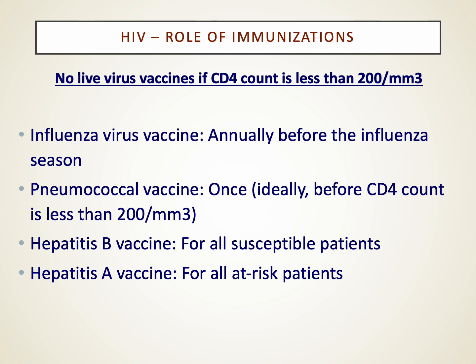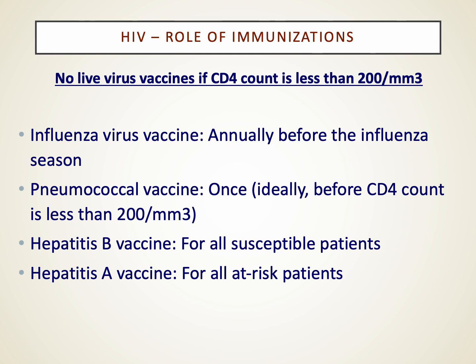The role of immunizations: we don't have an HIV immunization at this point. I think there's been a lot of work on the potential for that over the last couple of decades, but nothing really that I'm aware of that's on the horizon there. But we are going to make sure that a patient who is HIV positive has adequate immunization, particularly influenza, pneumococcal, Hep A, Hep B, and then anything else that they fall in the category for.